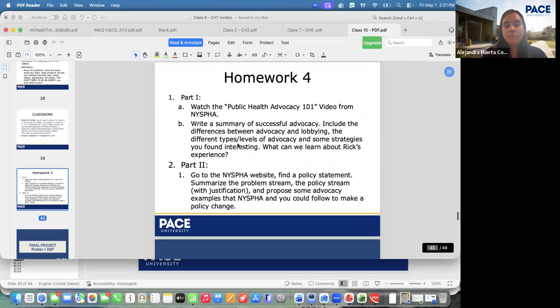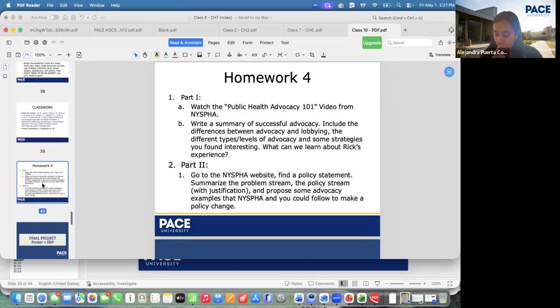And then you may want to see the differences between advocacy, lobbying, the types, the levels, and so on. And then infectious disease. Make sure that you do the module because there are questions about that infectious disease module. Okay?